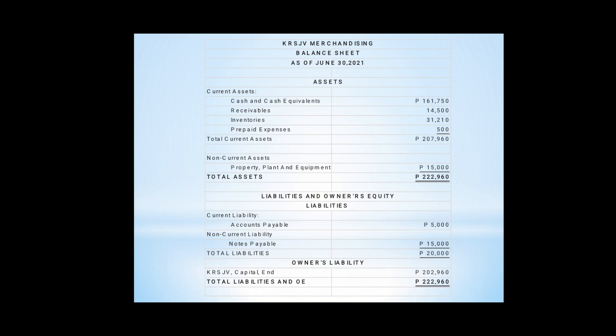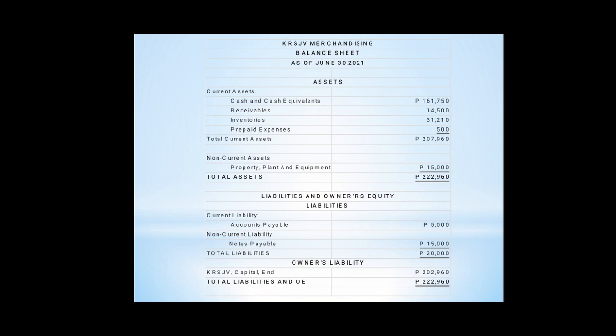So the current assets are cash and cash equivalents, receivables, inventories, and prepaid expenses. This prepaid expenses is the office supplies. So the total current assets is 207,960. And the non-current assets, property, plant, and equipment, 15,000.